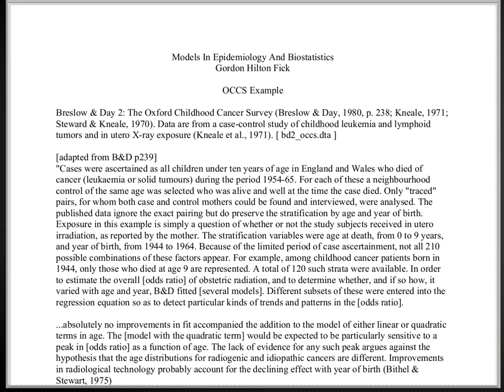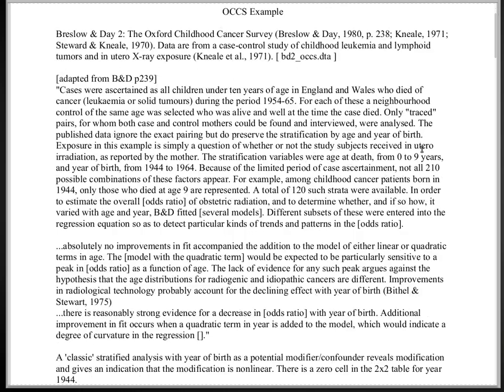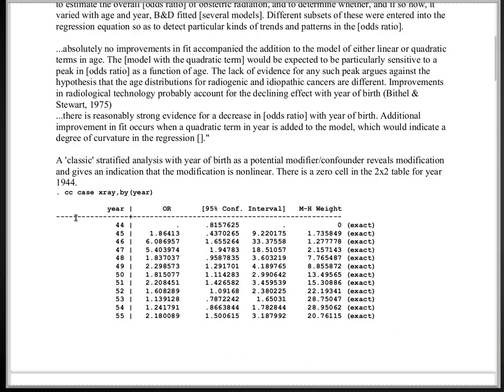So what we're going to have involved is the identification of this disease, in this case control status by exposure, that is exposure to these X-rays, by the year of the child's birth. Okay? And what is done in Breslow and Day is they do not initially assume linearity for age here.